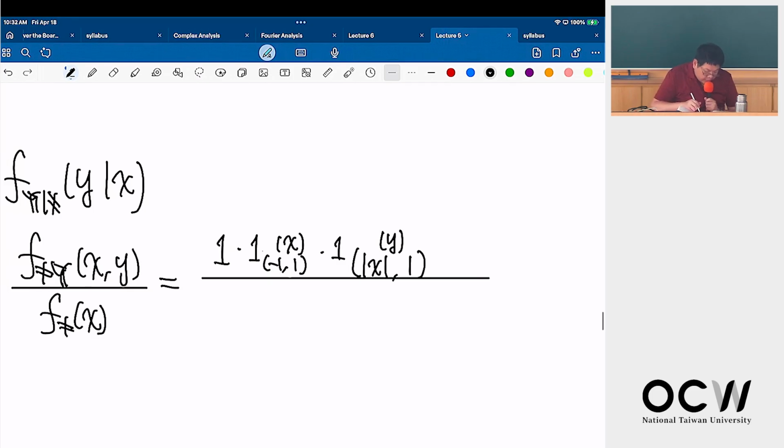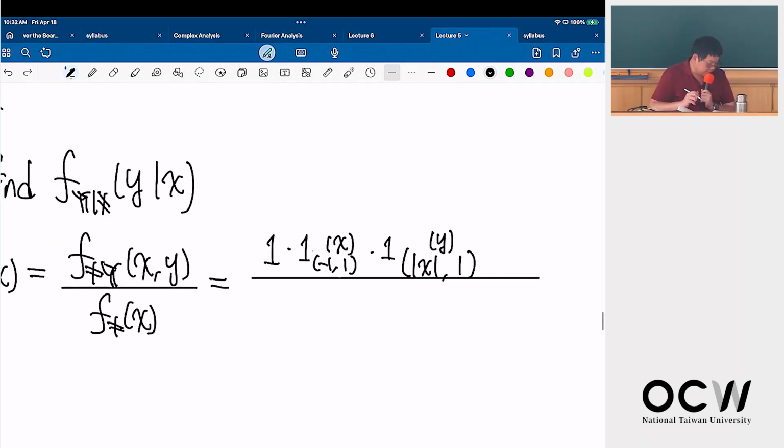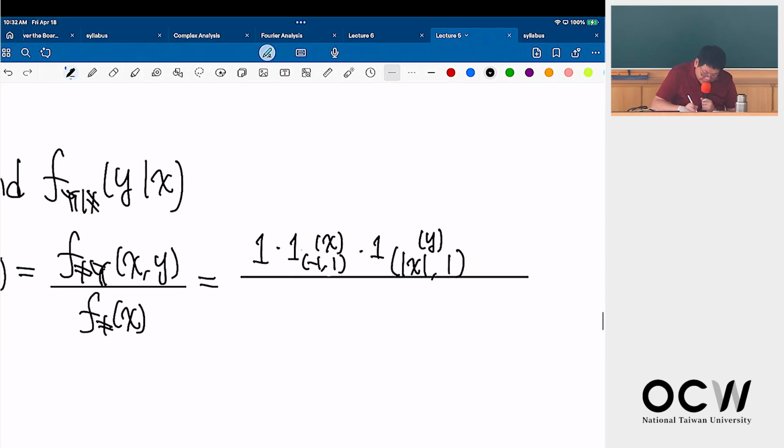And what is the PDF of x? We can think about the PDF of x as a marginal PDF. So if it is a marginal PDF, how do we get it? If we have a joint PDF xy, then we sum y out, so we integrate y out.